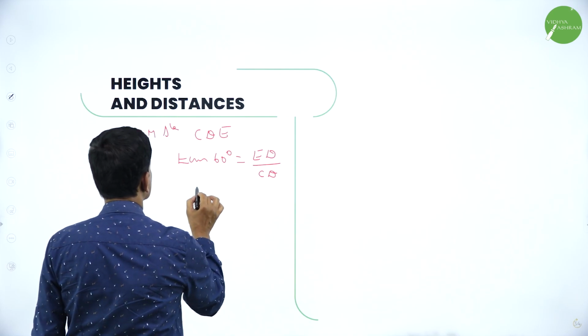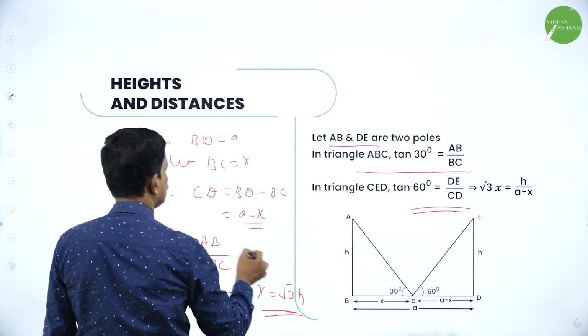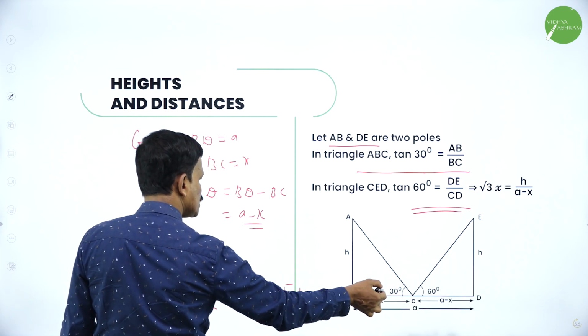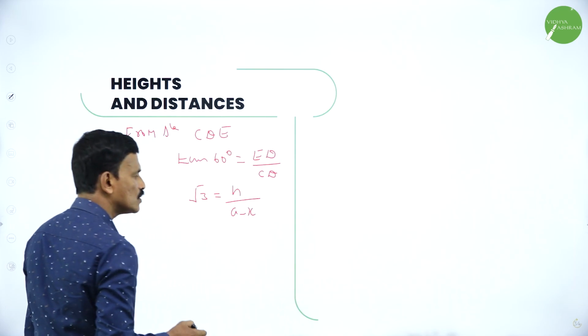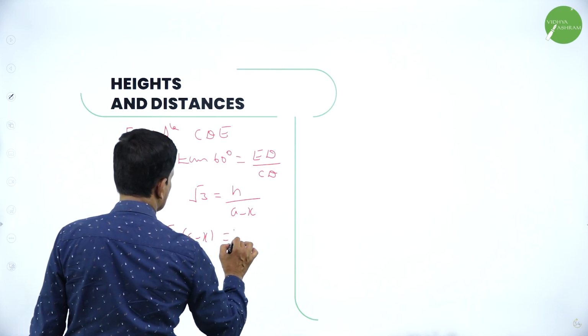What is tan 60? Tan 60 is root 3, which equals ED divided by CD. ED is nothing but H and CD is equal to A minus X. So root 3 is equal to H divided by A minus X. Now cross multiply it. Root 3 into A minus X is equal to H.